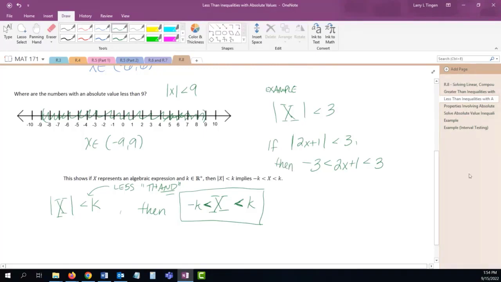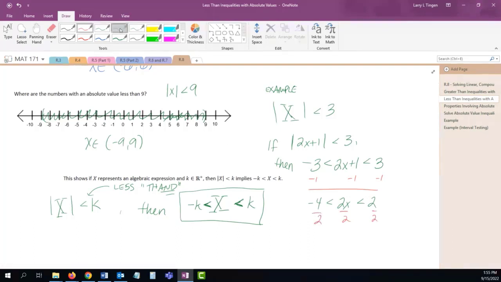Okay. Now, why are these useful pieces of information for me? Because whenever I'm dealing with problems like this, I'm always trying to solve for x. So I have 2x plus 1. I need to subtract 1. 3, negative 3 minus 1 is negative 4. And then x by itself, I'm going to divide everything by 2.